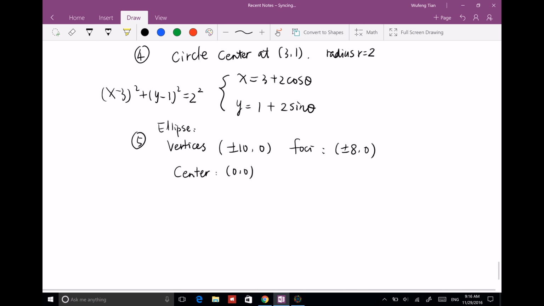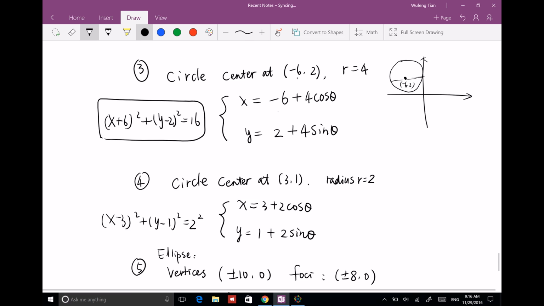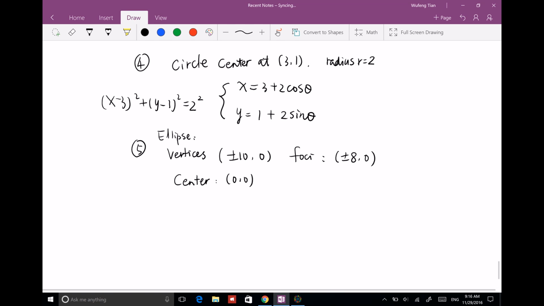Find the parametric equation for the ellipse given this condition. Okay, I give you 1 minute to work on this one. You can use the first example we did today.